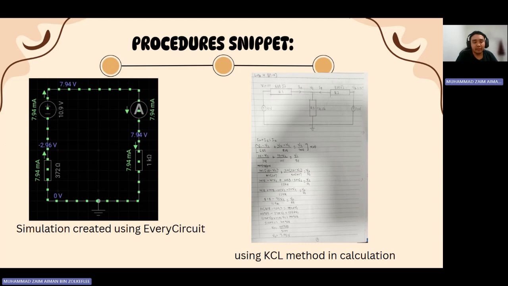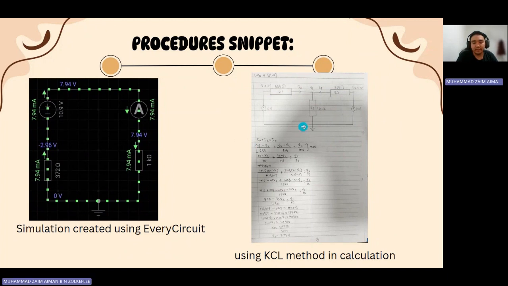The actual value, when calculated, is supposed to be 371.7, but due to EveryCircuit not allowing me to put a resistor with a decimal, I changed it to 372.